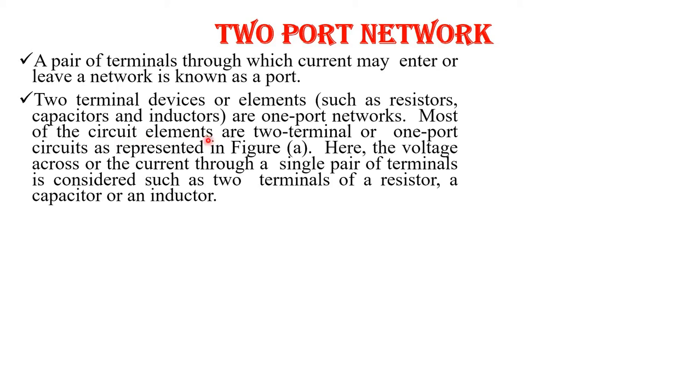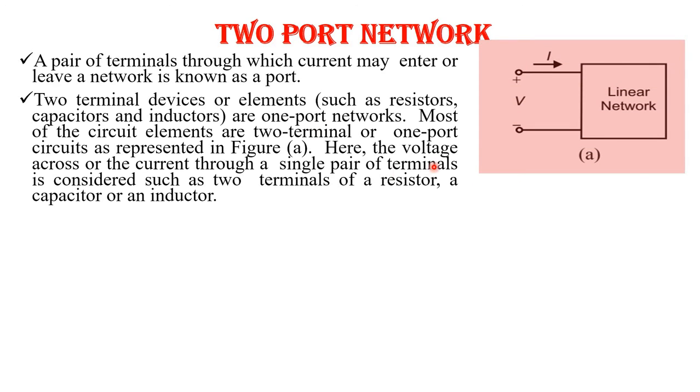Most of the circuit elements are two-terminal or one-port circuits, as represented in figure A. Here, the voltage across and the current through a single pair of terminals is considered, such as the two terminals of a resistor, capacitor or inductor. Here we are having the resistor connected between two terminals.